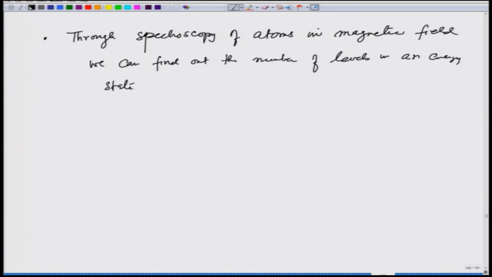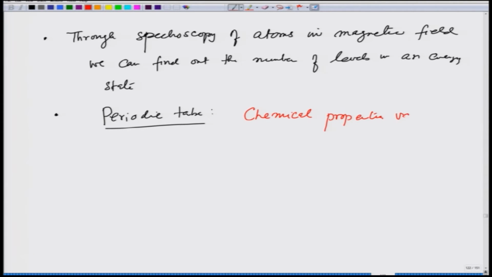The other experimental thing that existed was the periodic table. And what one said was that chemical properties varied in a periodic manner.